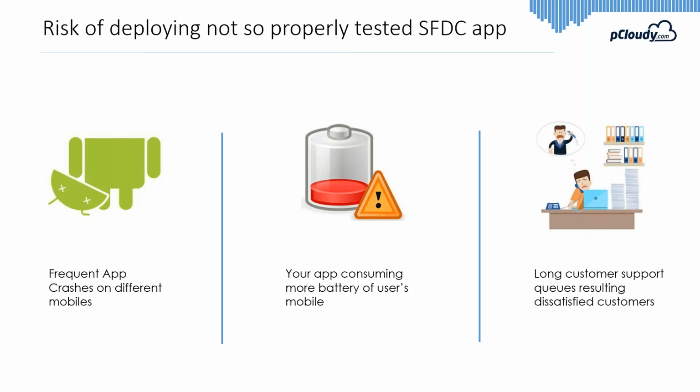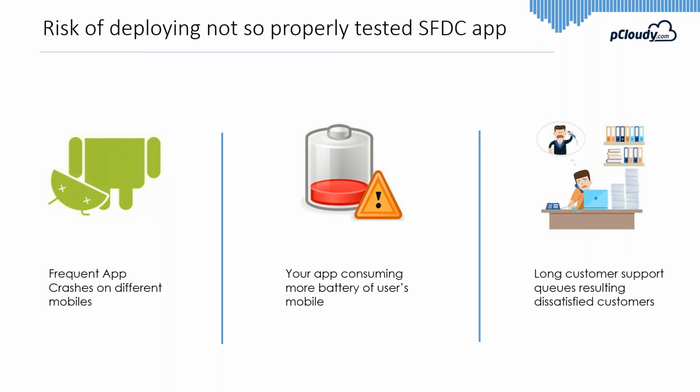Now, let me talk about the risk of deploying a not properly tested Salesforce application onto the App Store. There are three major risks highlighted in this slide. One is frequent app crashes on different mobile devices. Let's say if we have not tested it thoroughly and we upload it on the App Store, there could be crashes in the application.